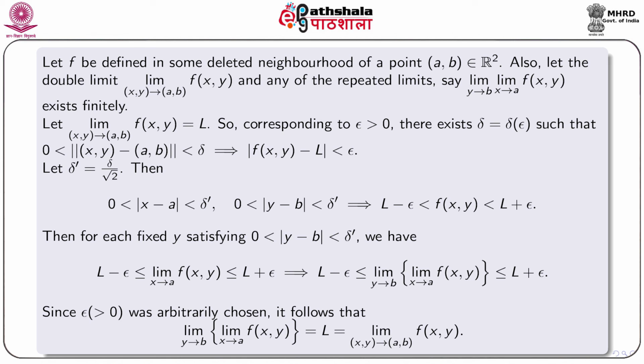Let a scalar field f be defined in some deleted neighborhood of a point (a, b) in R². We assume that the double limit, the limit of f(x, y) as (x, y) approaches (a, b), exists, and any of the repeated limits, say the limit as y tends to b of the limit as x tends to a of f(x, y), exists finitely.